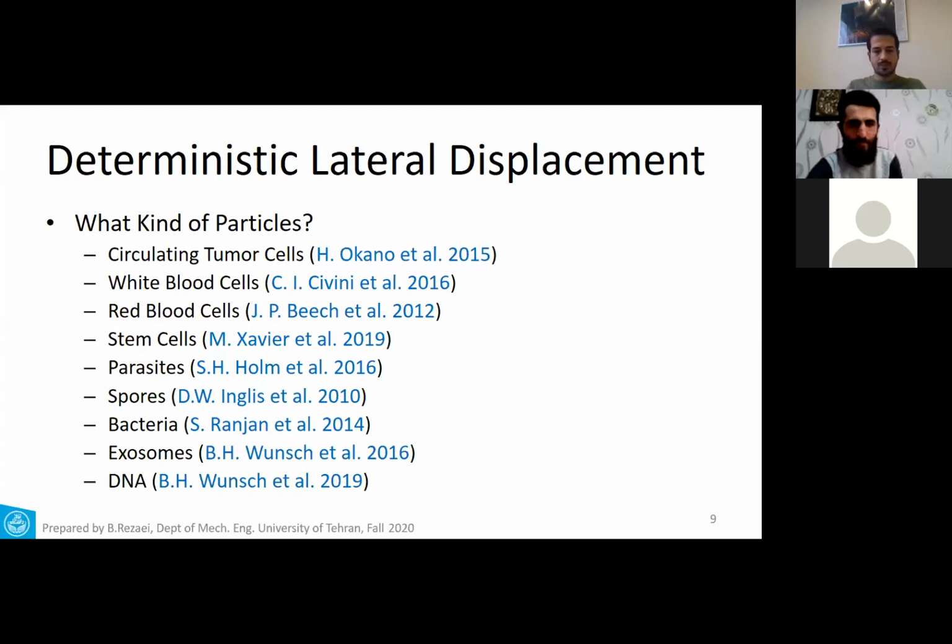You see the wide range of dimensions. For example, circulating tumor cells are much larger than the others, even 10 or 15 micrometers, but bacteria or DNA can be in the nanometer range.